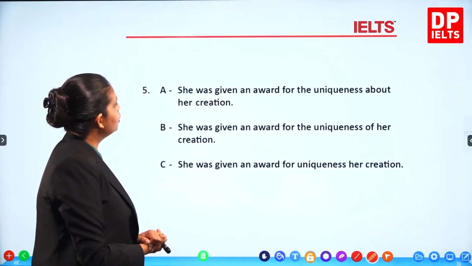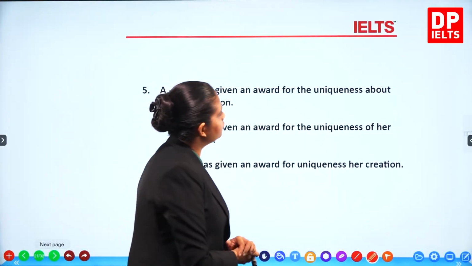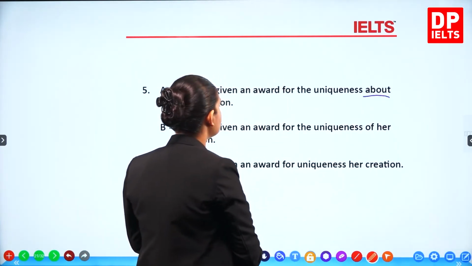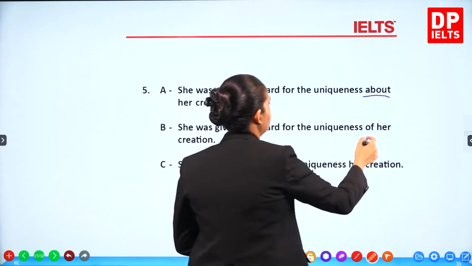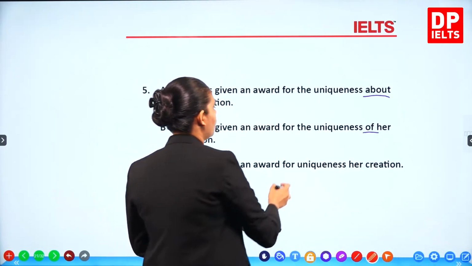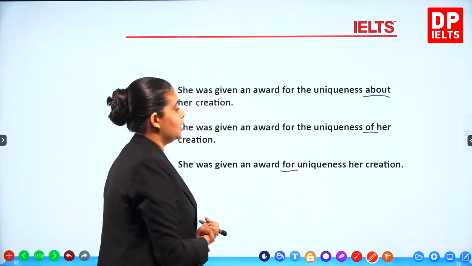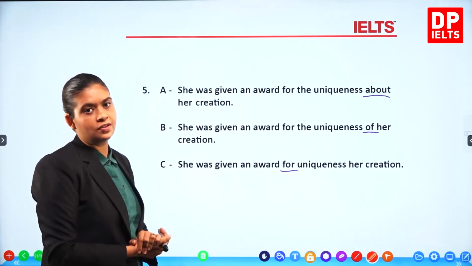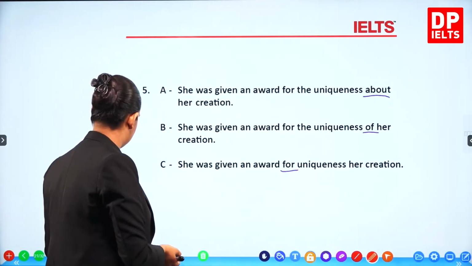Number 5. She was given an award for the uniqueness about her creation. She was given an award for the uniqueness of her creation. She was given an award for uniqueness, her creation. Okay. So which answer do you think is correct?